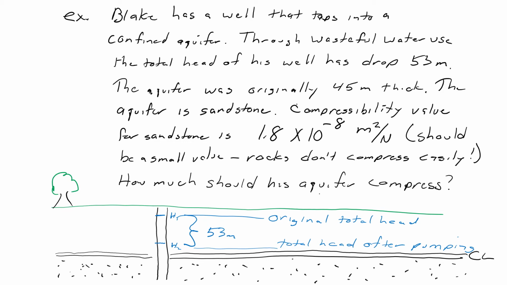Okay? So now we can go back to our compressibility equation. Alpha equals change in your aquifer thickness over the original thickness, over the change in pressure. All right, what do we know?